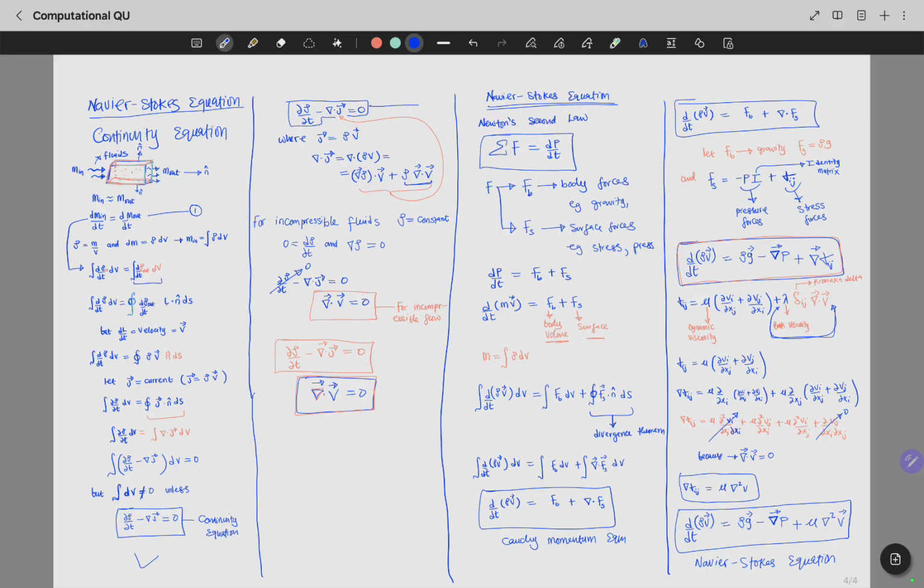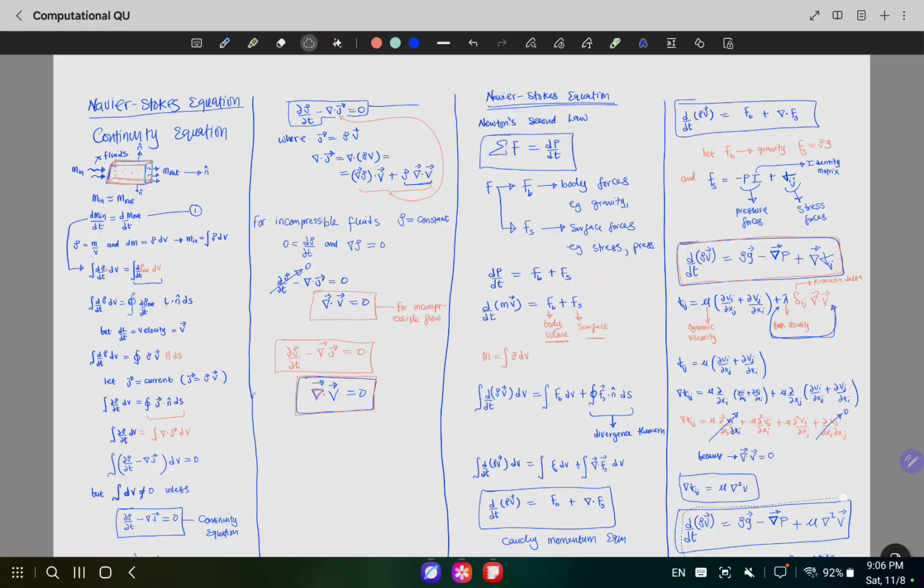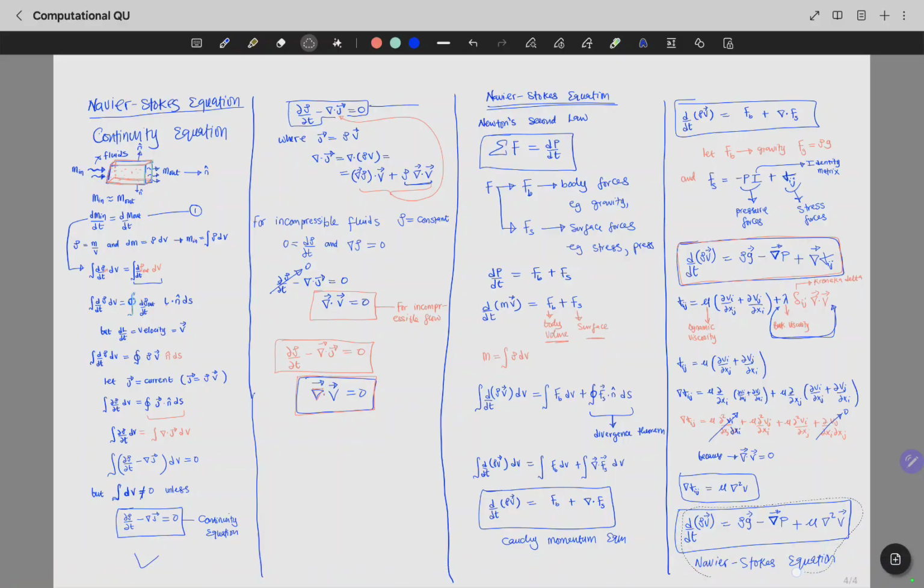Now the Navier-Stokes equation, in fact, we already know that this is one of the most difficult equations to solve analytically, and there are ways around it, one of which is what we're doing in this course, the numerical method.